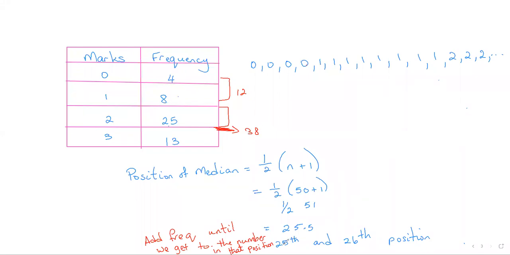So if I'm looking for the number in the 25th and the 26th position, it means it's somewhere in between here. And in between here is only twos. Right?